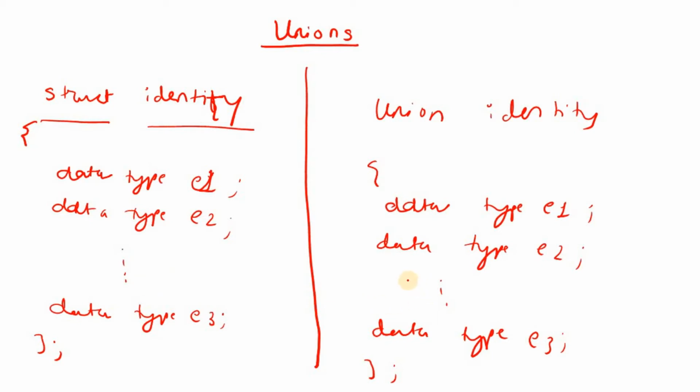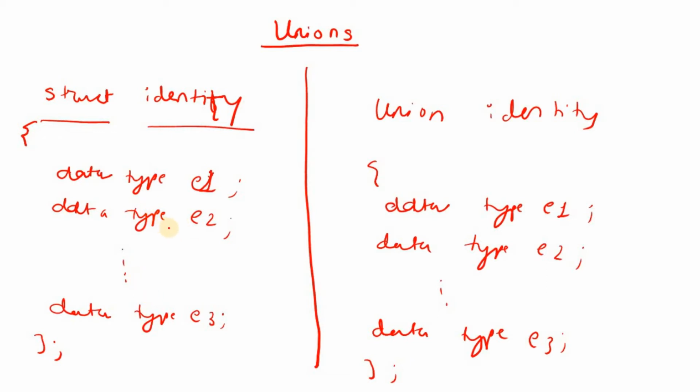And what is the difference between the syntax of structure and the syntax of union? Here both look the same, but what is the main difference between structure and union? Simply put, whenever you allocate memory to a structure variable, all these elements get independent memory locations. Suppose n elements are there, n memory locations will be created.